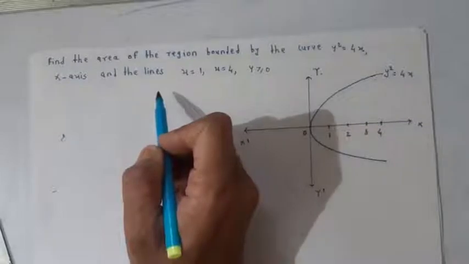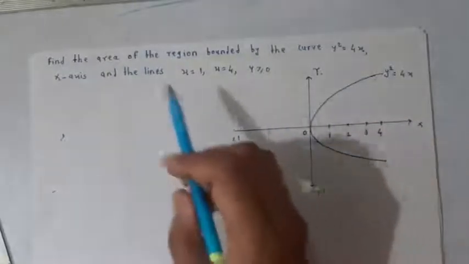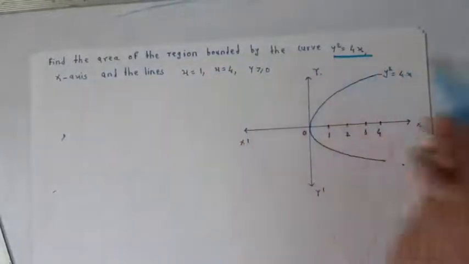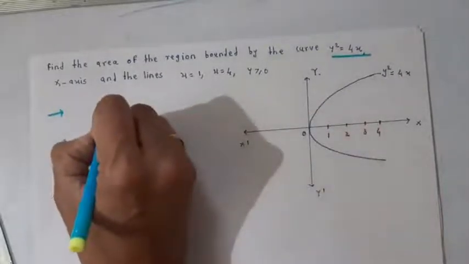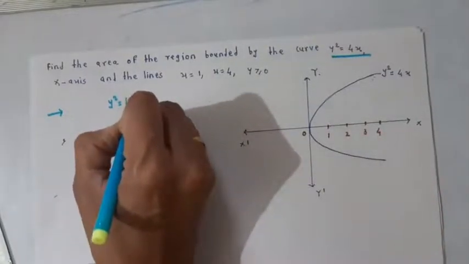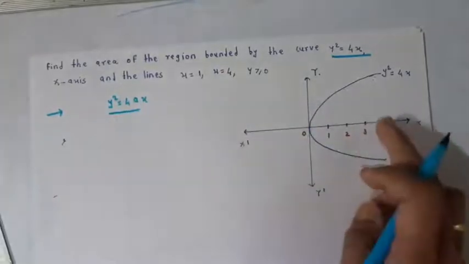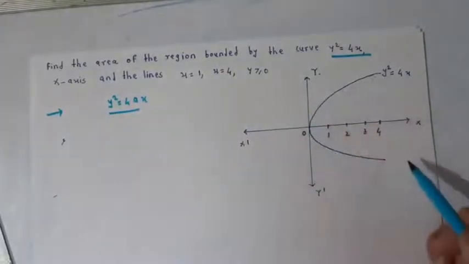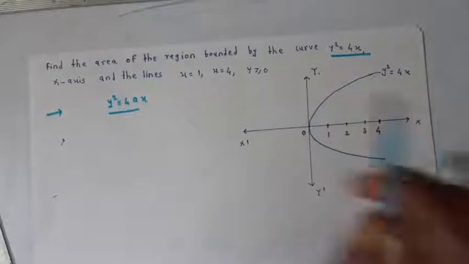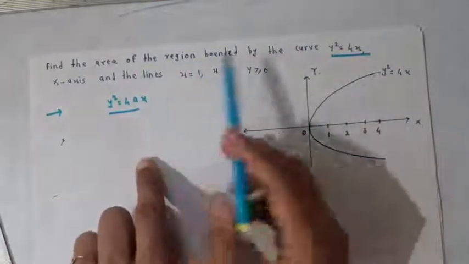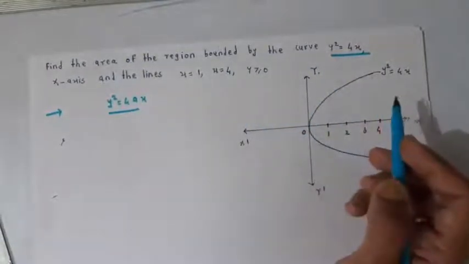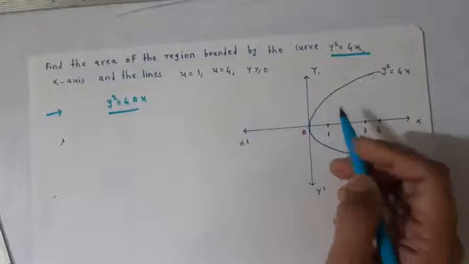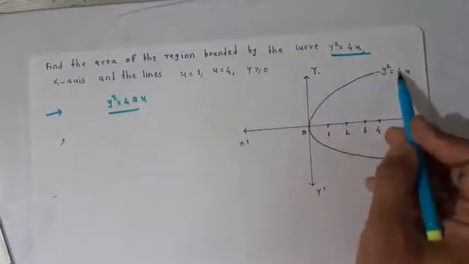Here the curve is y square equal to 4x, which is a parabola along the positive x-axis, that is y square equal to 4ax type of parabola. In this way we can draw the curve, and first find that area.